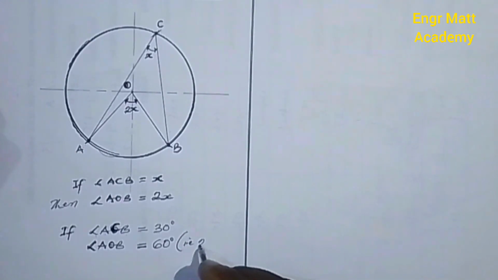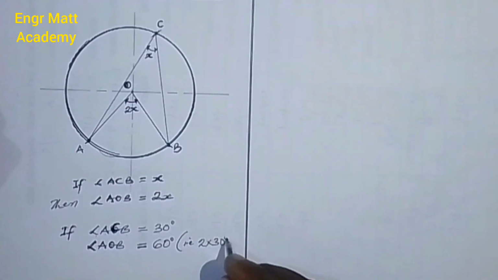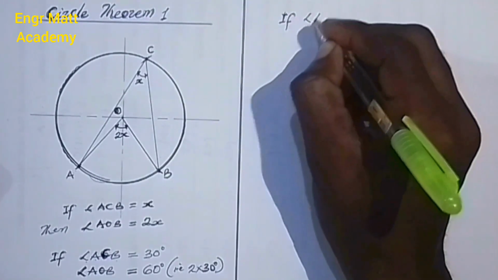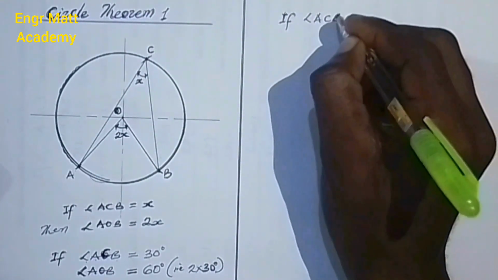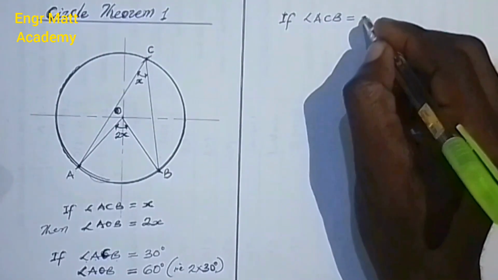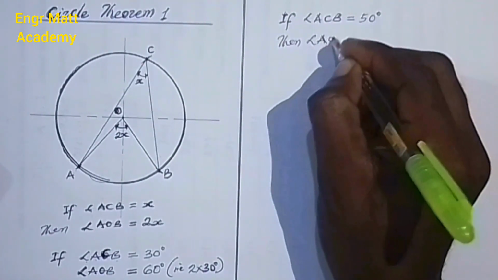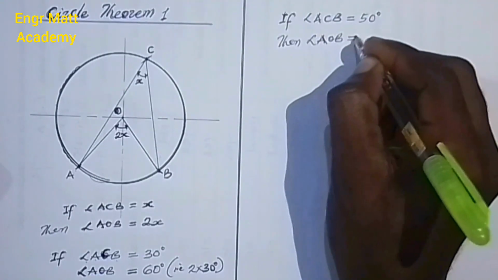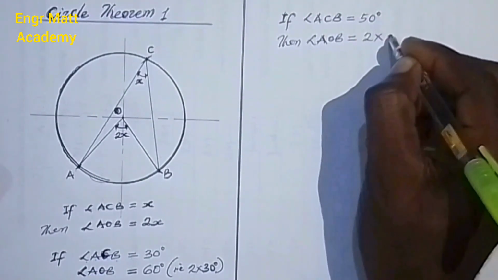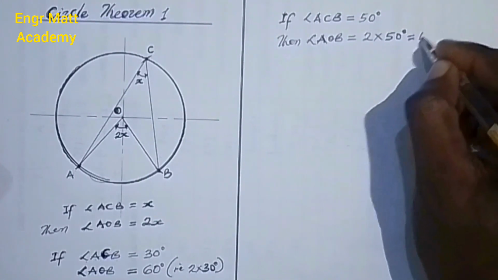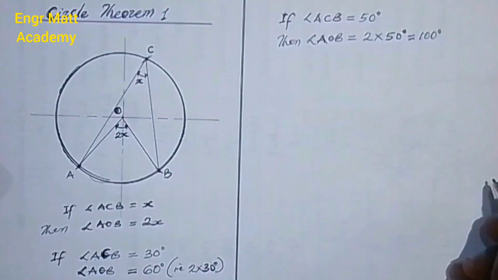That is 2 times 30 degrees. If angle ACB is equal to 50 degrees, then angle AOB will be 2 times 50 degrees, and that will give us 100 degrees. But why is it always like that?